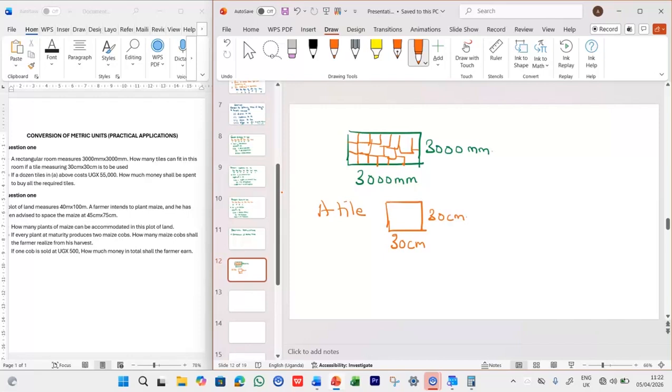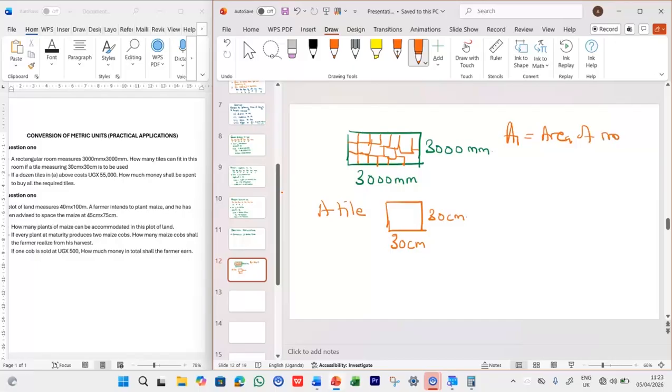Well, what we are going to do here is basically to look at the area. What is the area?